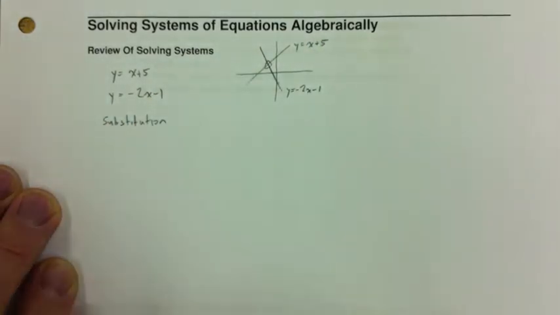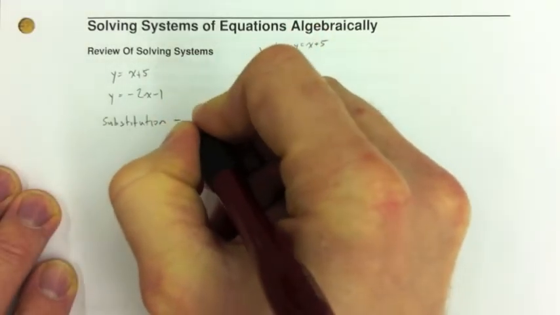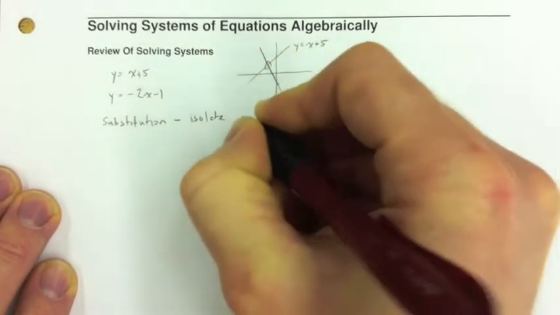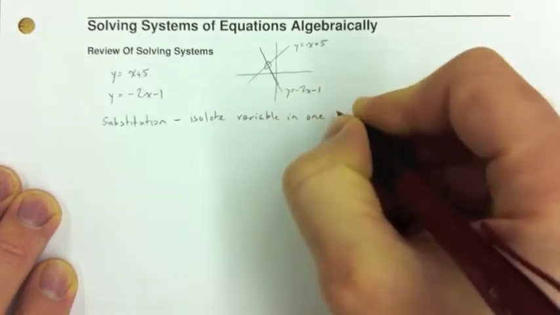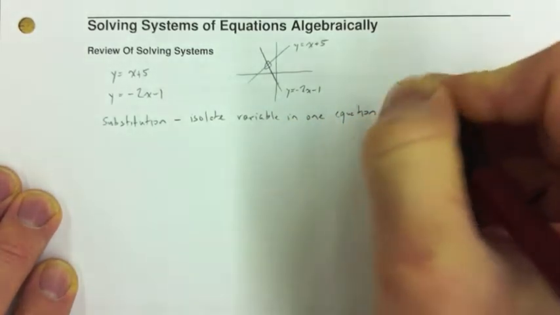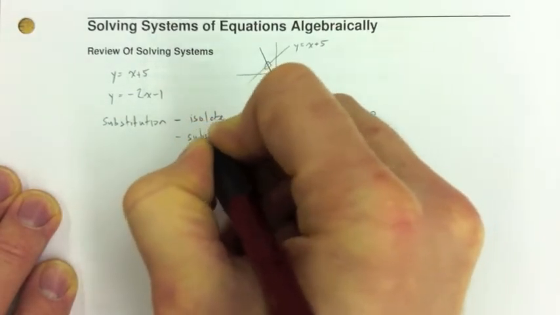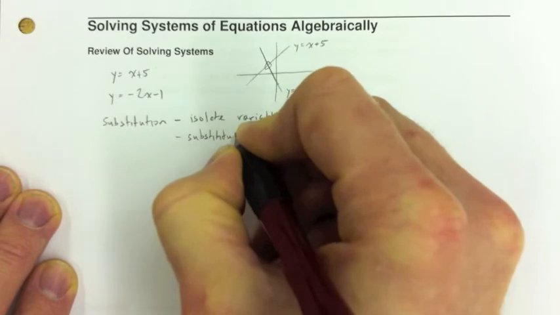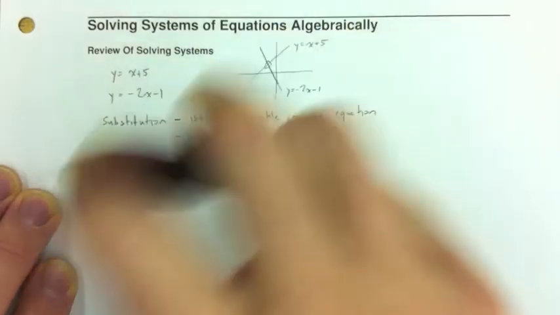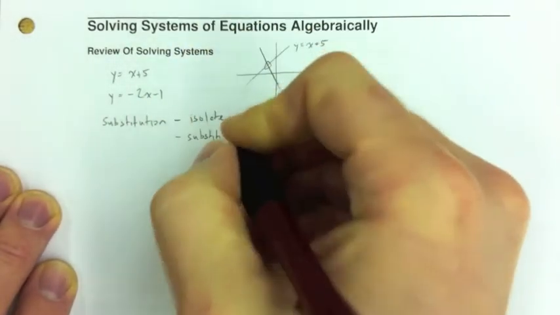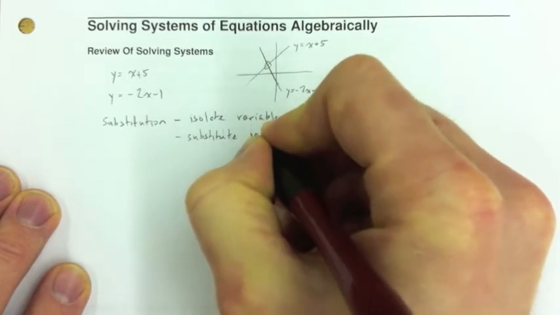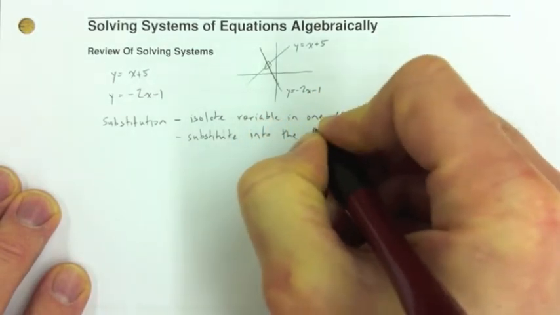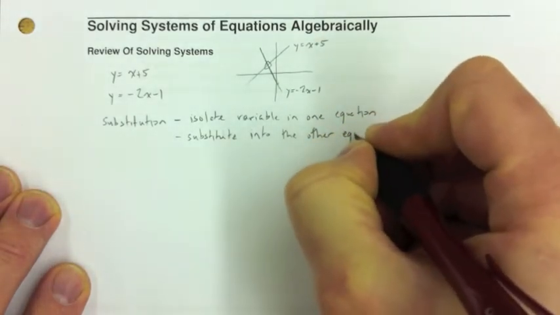When you solve a system using substitution, you need to isolate the variable in one equation and substitute into the other equation.